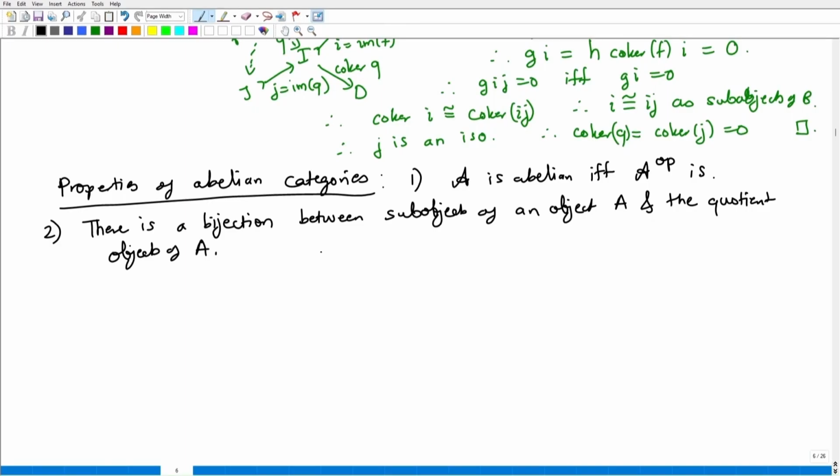What is this bijection? It is given by, I'm just going to write sub of A, and quotients of A. So this is co-kernel and this is kernel. Okay.